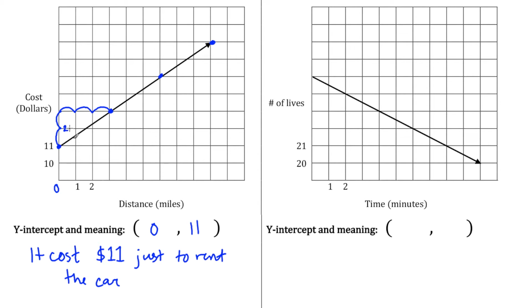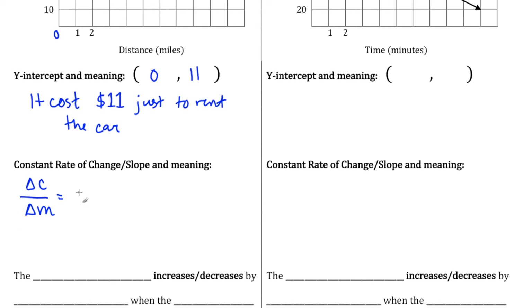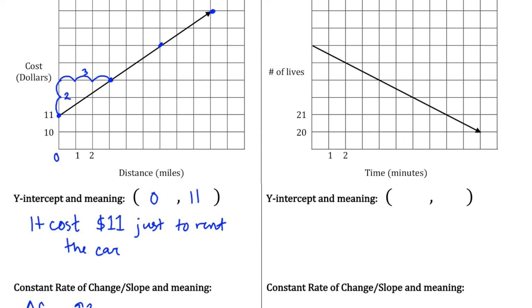So the cost increased by $2 when we went up 2 and right 3.